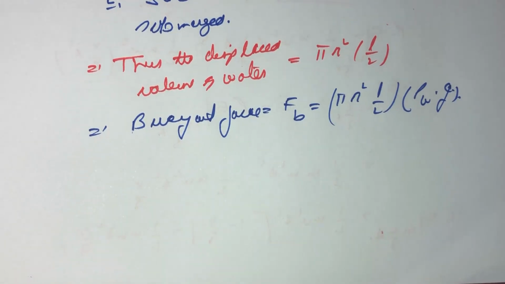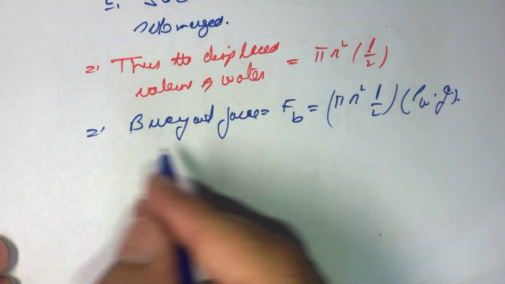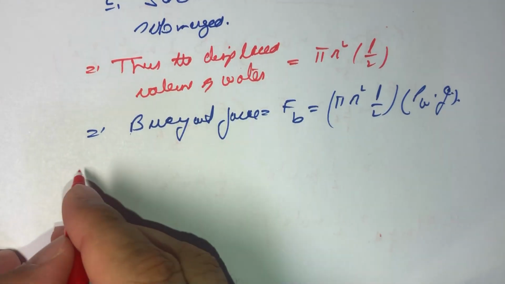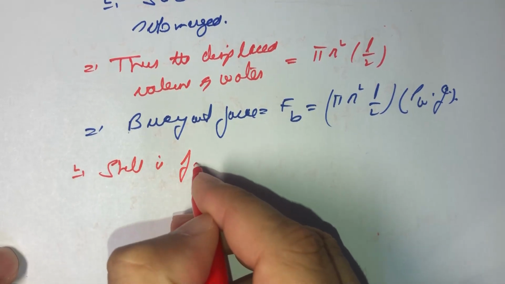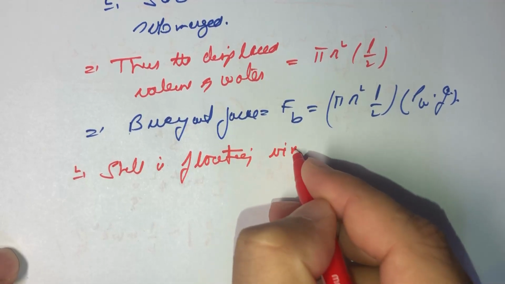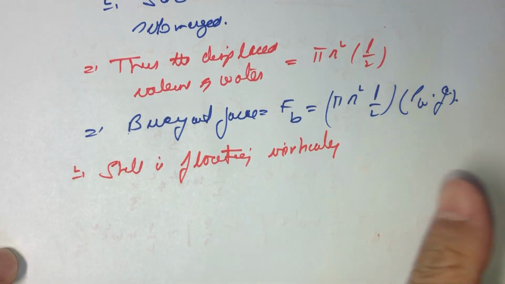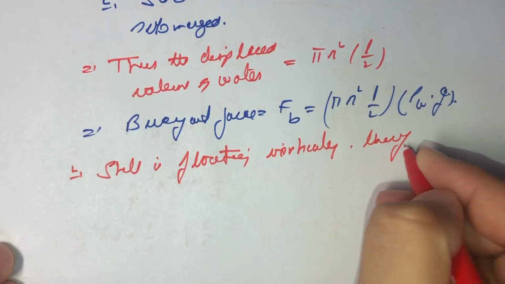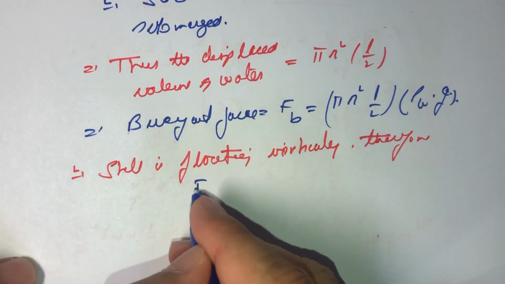So we have that it is in equilibrium, the shell is floating vertically. Therefore FT will be equal to FB.